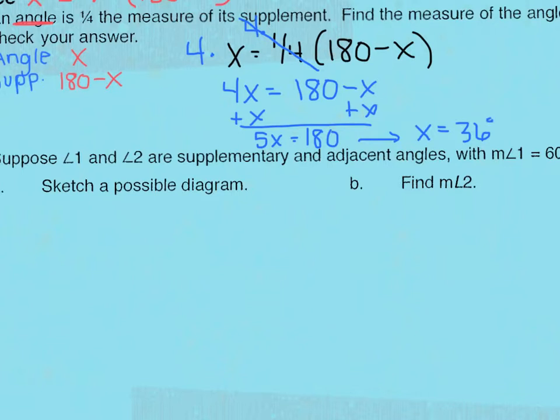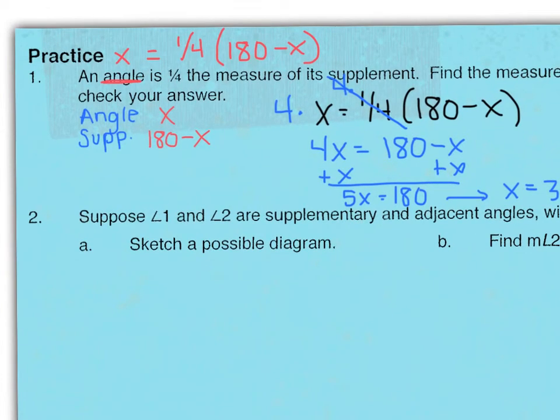What does that mean? What did I just find? The angle, the original angle I was trying to find, right? So that means my angle, if I look back over here, is 36 degrees.